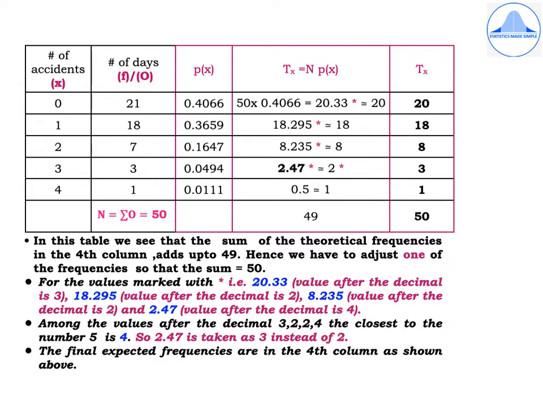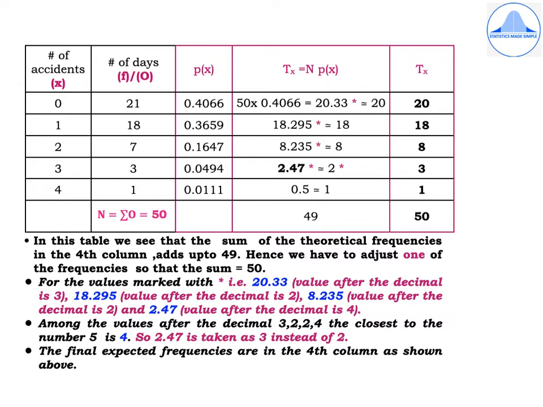And for 8.235, the value after the decimal is 2. And for 2.47, the value after the decimal is 4. Now, among the values after the decimal, that is 3, 2, 2 and 4, the closest to the number 5 is 4. So 2.47 is taken as 3 instead of 2.